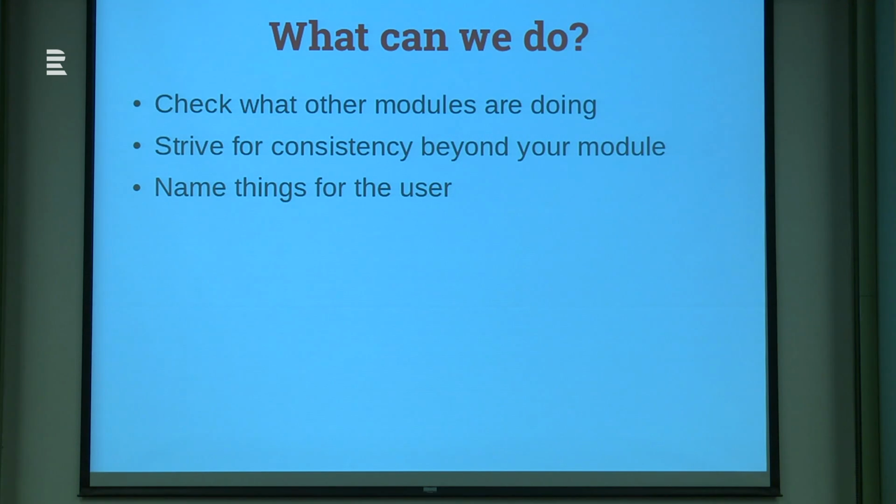As a site builder, I'm dealing with lots of modules. So I need people to actually look beyond their own module and strive for consistency beyond that. Unless there's a really good reason to rename something that somebody else has already named, you're doing us all a favor if you just stick to the existing name. And yeah, name them to be used, not how you want to, not for your own ego.